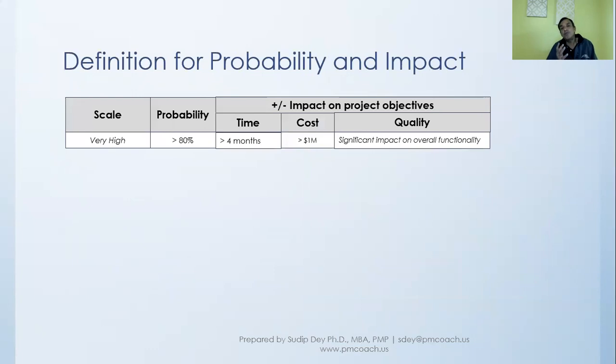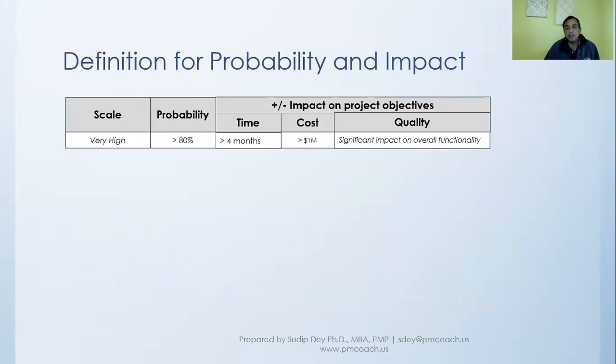And again, we have this scale on the opportunity side and on the threat side. There is positive risk and negative risk. Having said that, we have to remember this is very project specific. What is something here in our project may be completely different in another project. For example, just if you can see the cost, we are saying if the variability is 1 million.